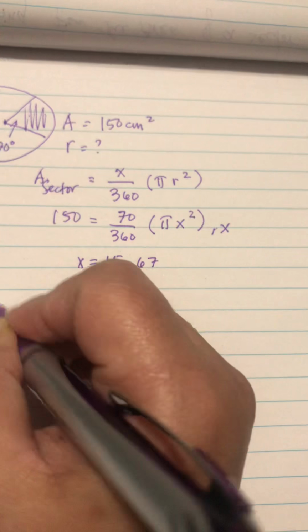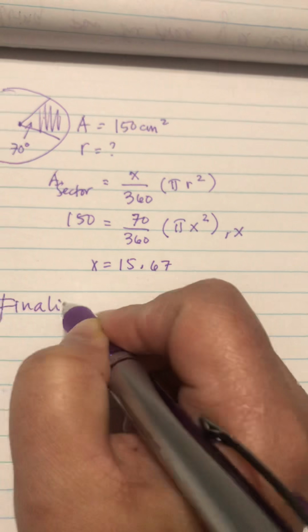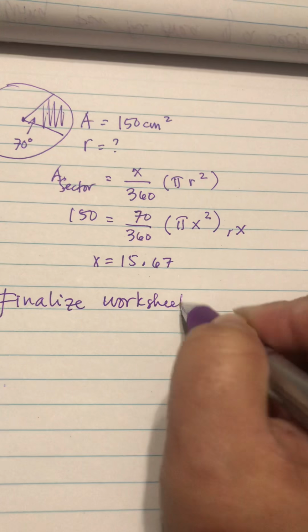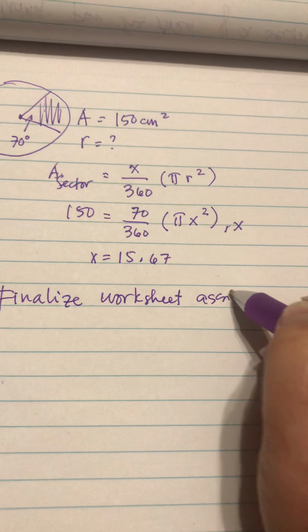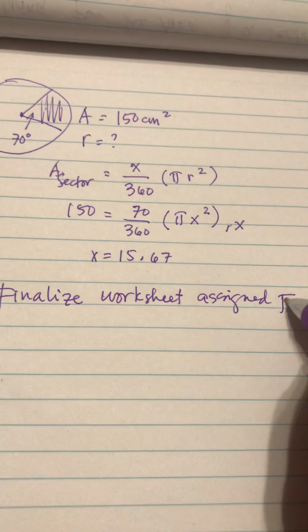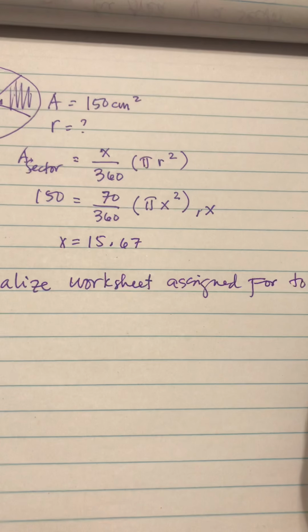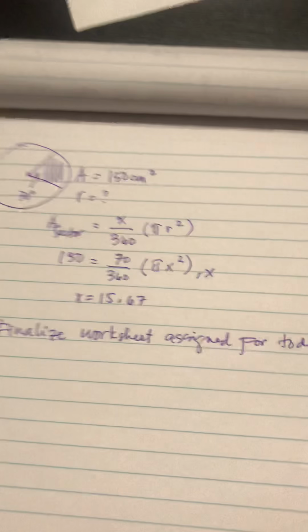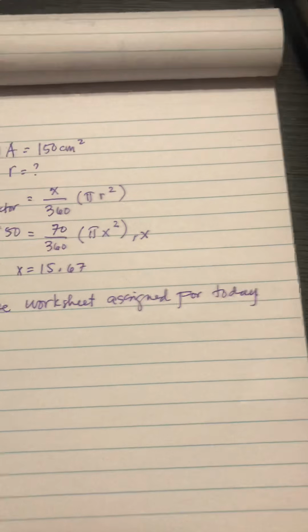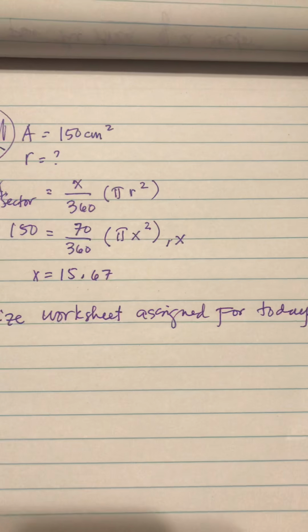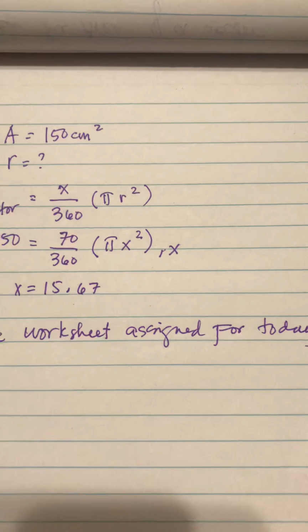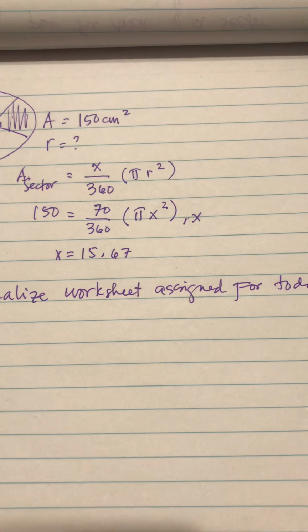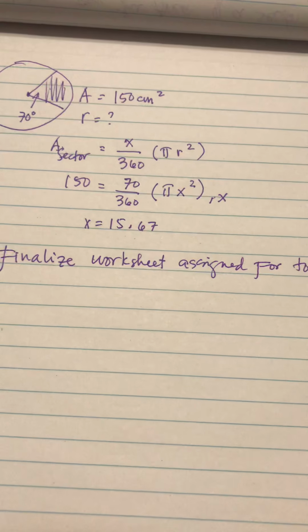Finalize the worksheet assigned for today and turn it into the red basket provided, and then log into Clever to finalize the circles activity. Go to Connect McGraw and follow the directions on the board. Thank you and see you soon. Bye.